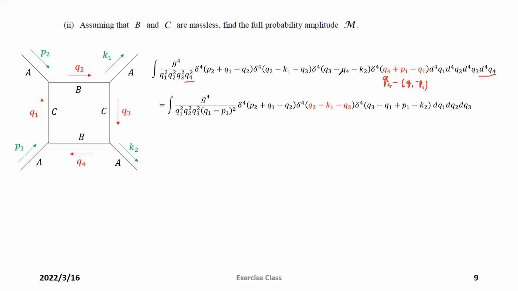So we have Q4 and Q4 here, and we just have to replace them by Q1 minus P1.